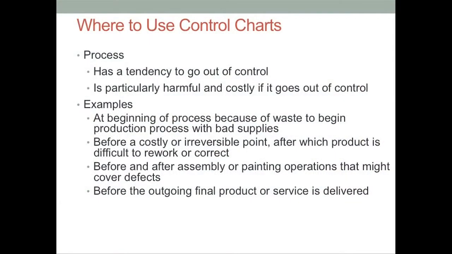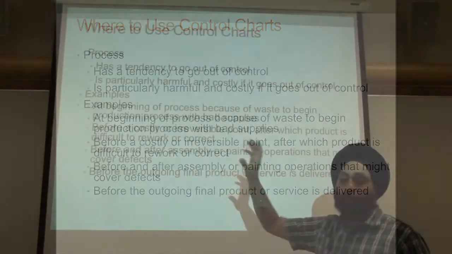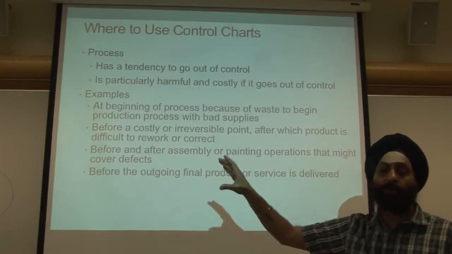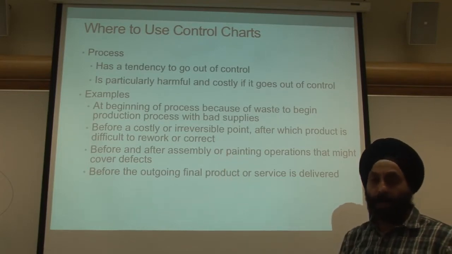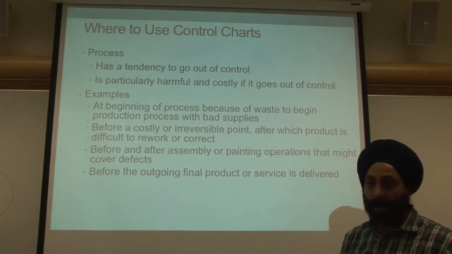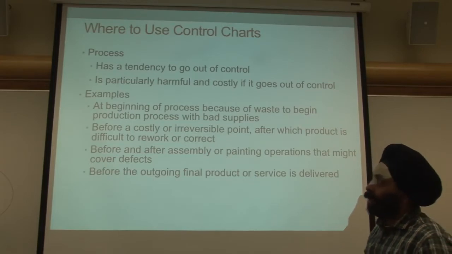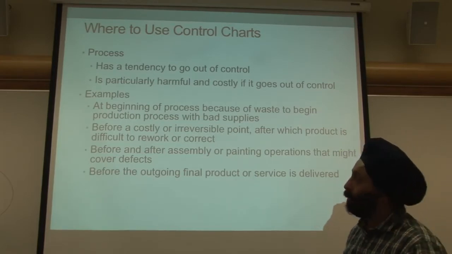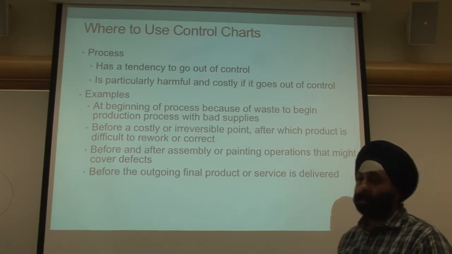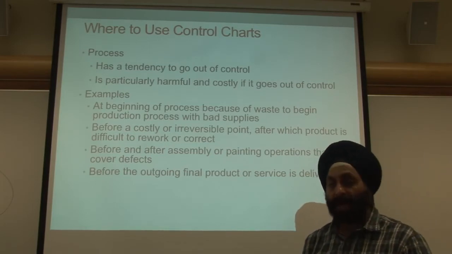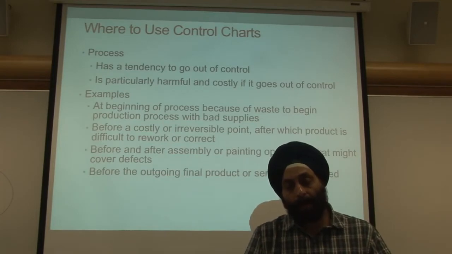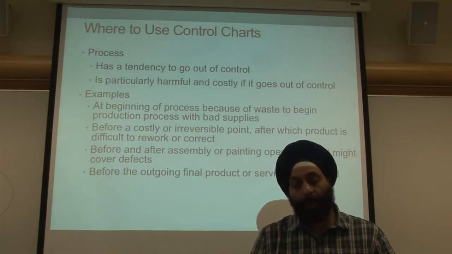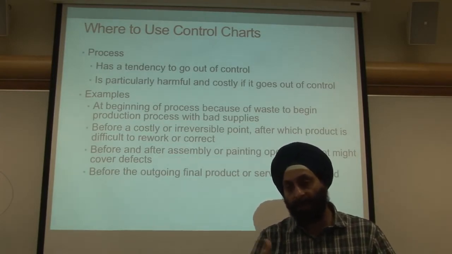Where to use control charts? Typically, we use them in processes that have a tendency to go out of control so that we can constantly evaluate and see if things are going out of whack and we need to stop and revise the process to fix things. It's almost like having a fuel gauge which has a reserve light.